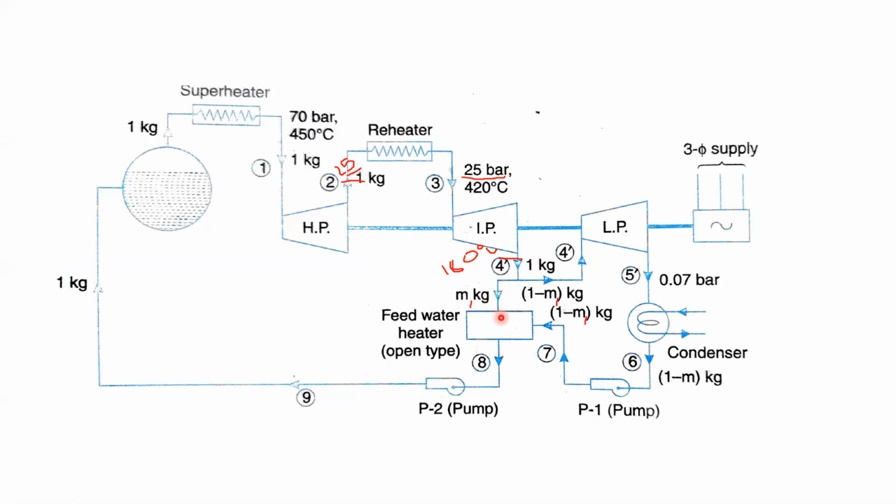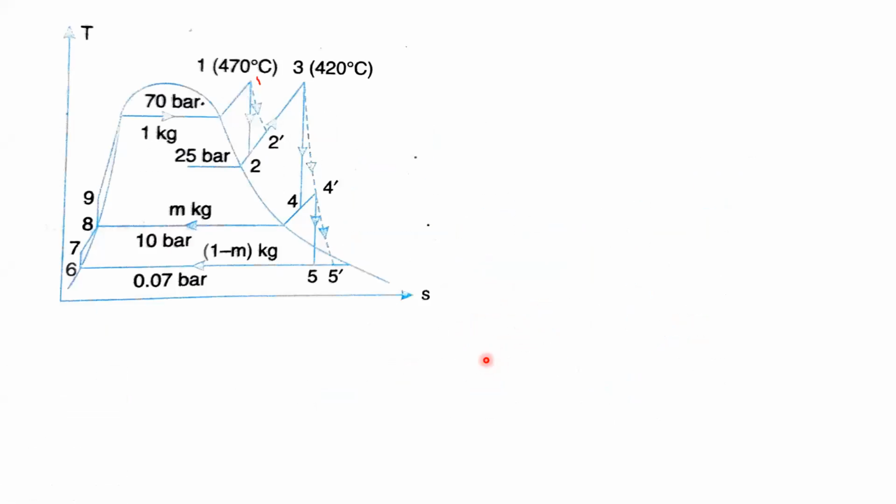At this pressure only, what is the pressure in the fluid? Only at a constant pressure is the heat exchange happening. The inlet at the fourth state has the same pressure as the eighth state. At this particular pressure we are taking the steam.